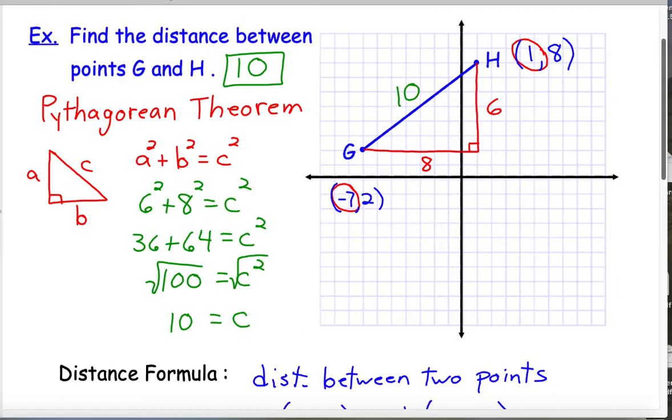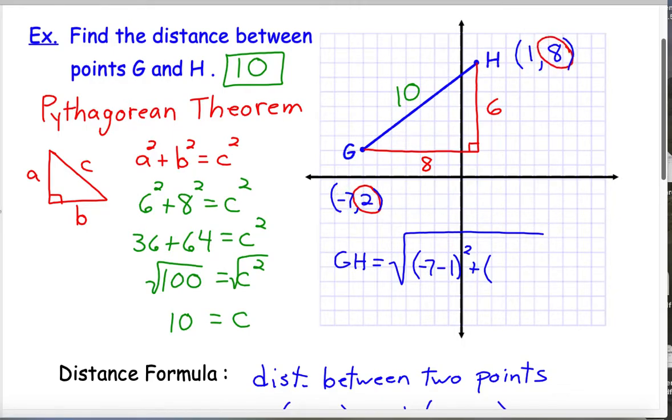So the distance from G to H, which we write as just GH, equals gigantic square root, parenthesis, subtract the x numbers, negative 7 minus 1 to the second power, plus, and now we're going to subtract the y coordinates. Oops. So that would be a 2 and an 8. So 2 minus 8. And the order doesn't matter because we're squaring them.